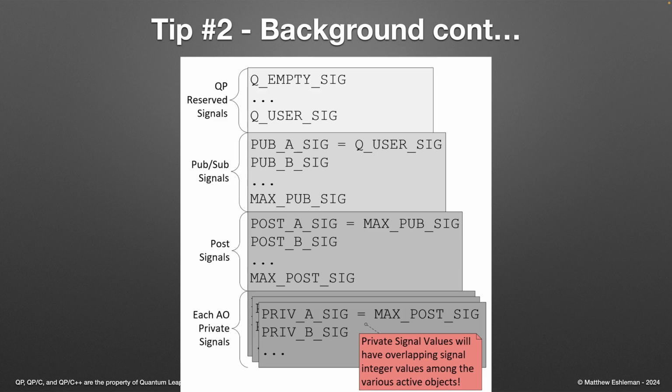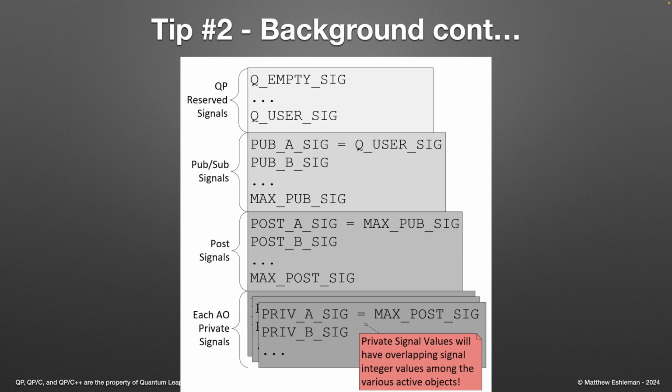And we notice here, since they're private and we have multiple active objects and they're all keying off that max post signal in this example, those signal values are going to overlap. And that's fine as long as they don't get posted for some strange reason directly to another active object.